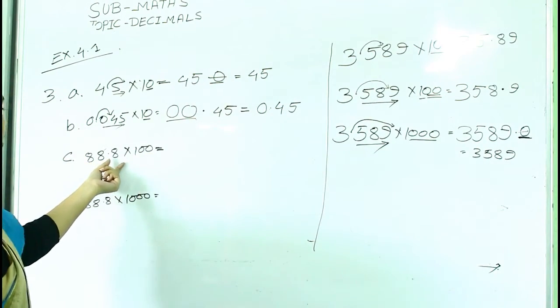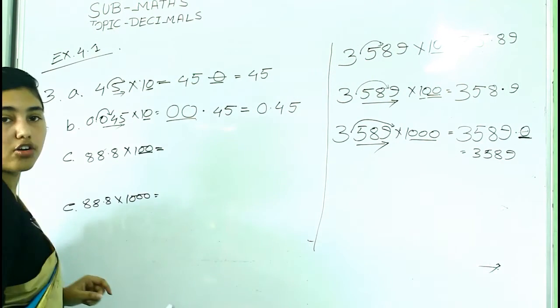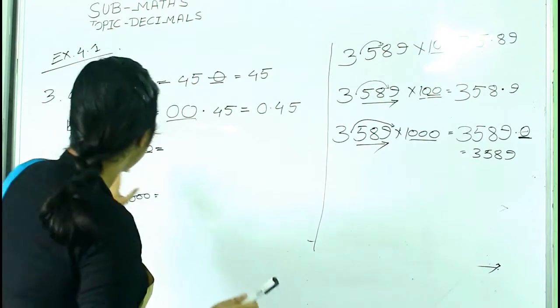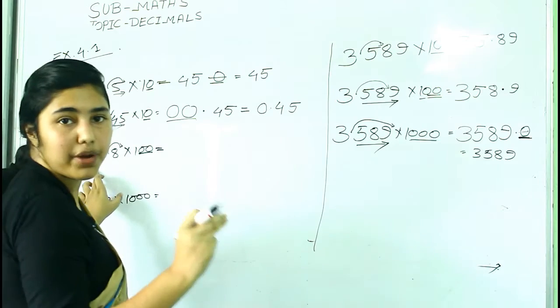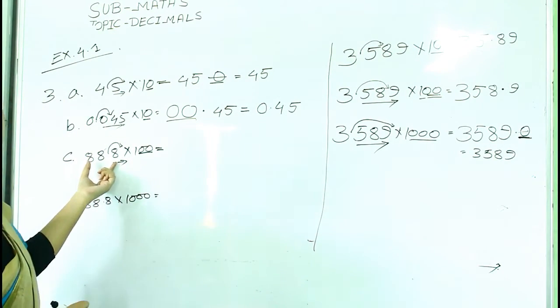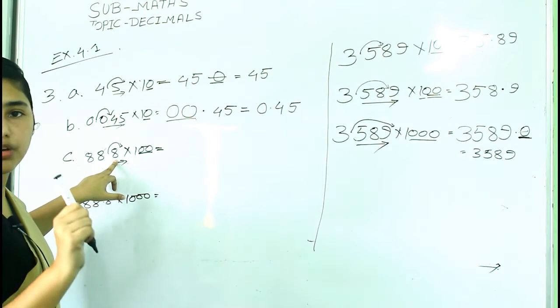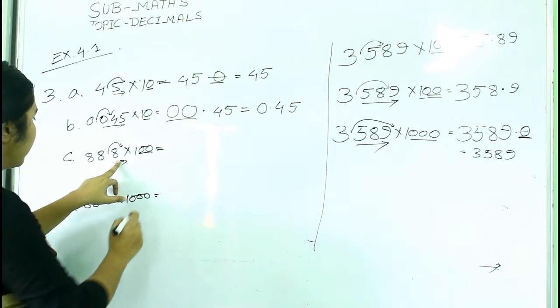Next 88.8 into 100. So 100, 1 is followed by 2 zeros, right? Which means the decimal point will shift 2 decimal places to the right. But look at this number. Here we have only 1 decimal place after the decimal point.